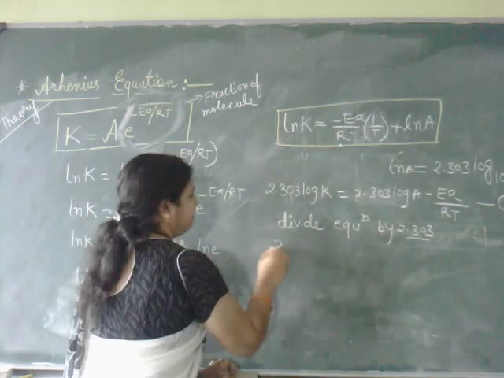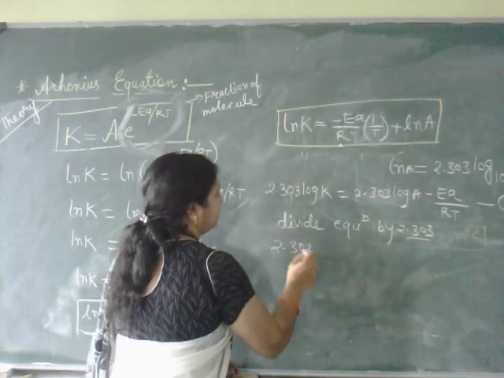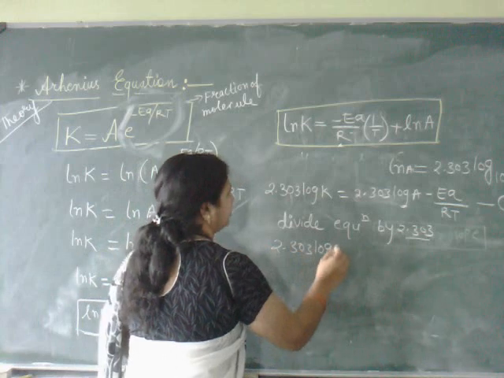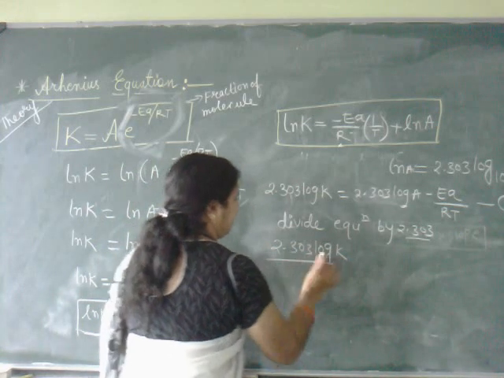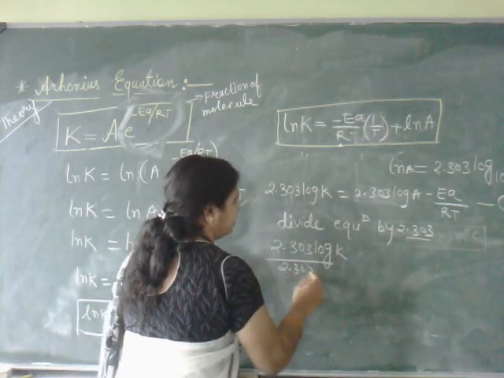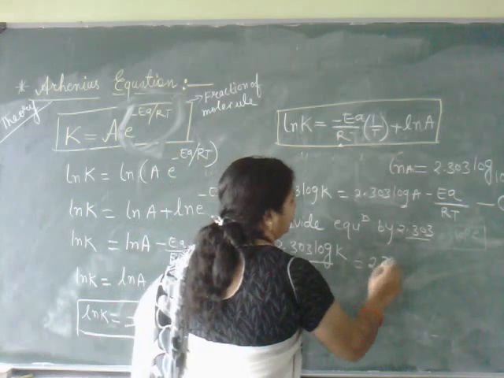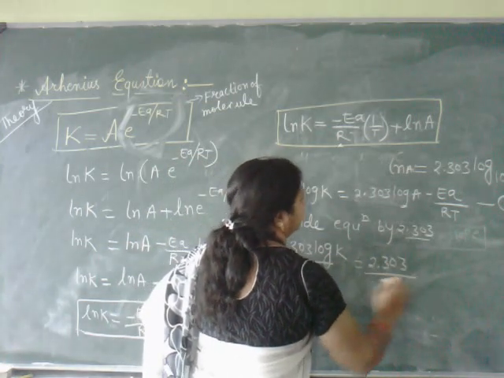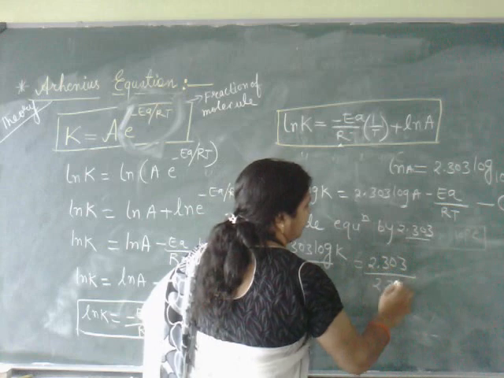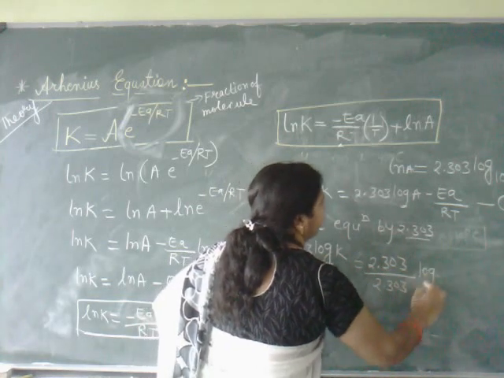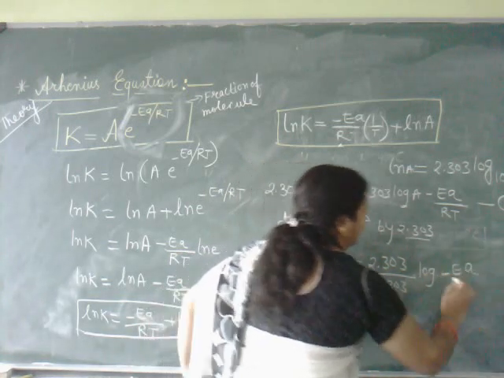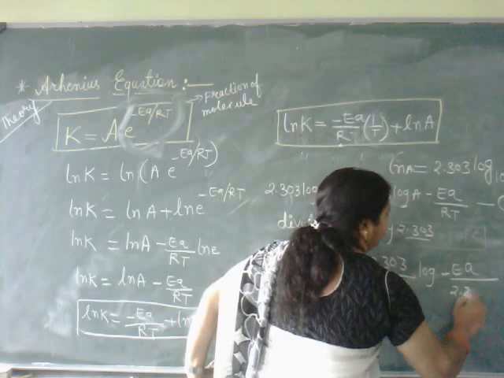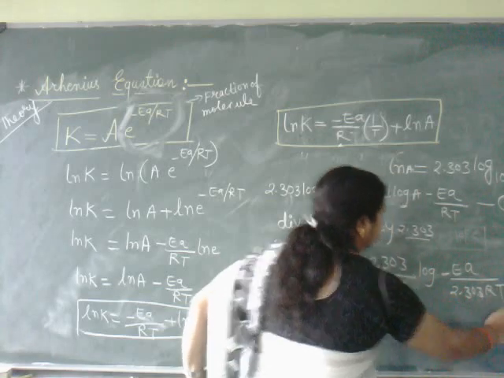When we divide this equation by 2.303, we get 2.303 log K divided by 2.303 is equal to 2.303 log A divided by 2.303 minus EA divided by 2.303 RT.